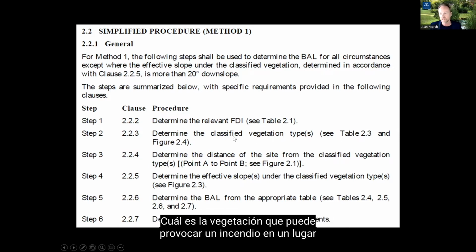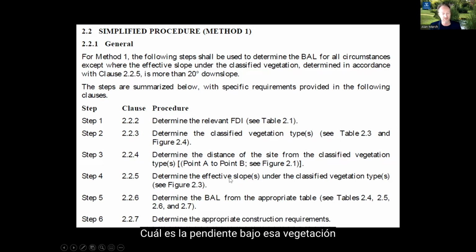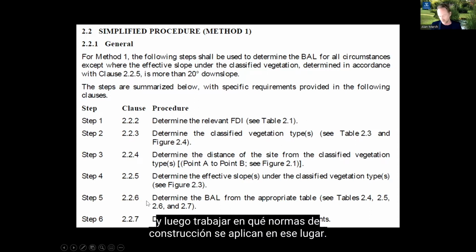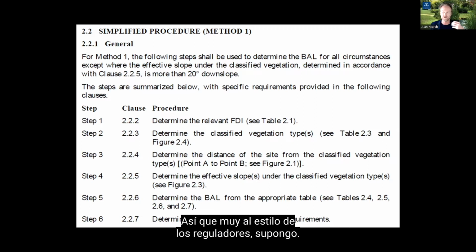What is the vegetation that might carry a fire in a location? Distance of a structure from that vegetation. What's the slope under that vegetation, and then come up with a BAL, and then work out what construction standards apply on that location. So very much a regulator's way through it, I suppose.